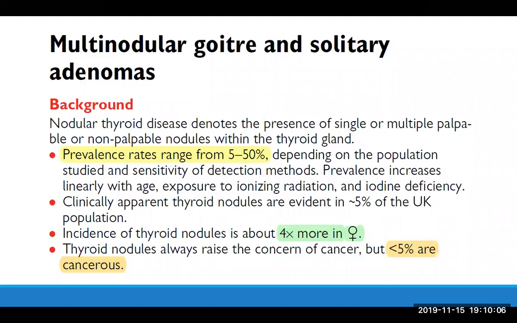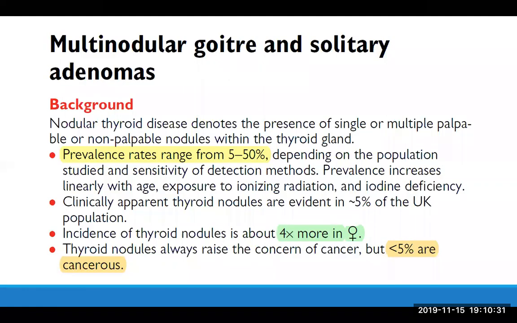Regarding multinodular goiter and the solitary nodule, these are the most important highlighted paragraphs. Let's know that the prevalence is high. It ranges from 5 to 50% according to the method of detection of thyroid nodules: is it clinically, by ultrasonographic guide, or CT, and so on?